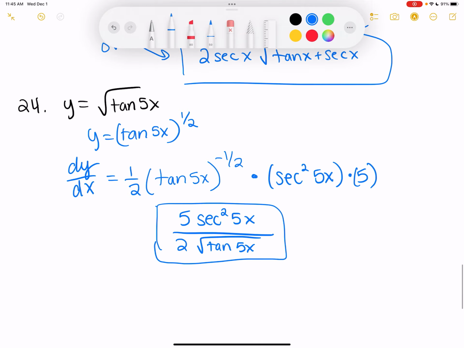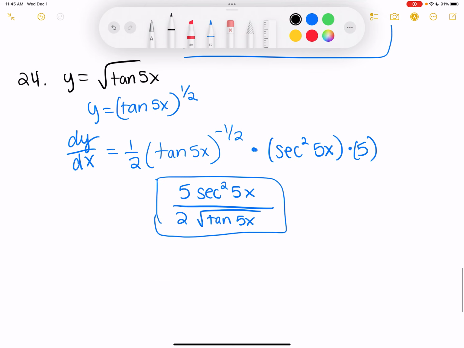All right, one more, and then I'll give y'all some to do on your own. 26. R is equal to the secant of 2 theta times the tangent of 2 theta. Okay. Now, what's important to remember here is that theta is a variable.